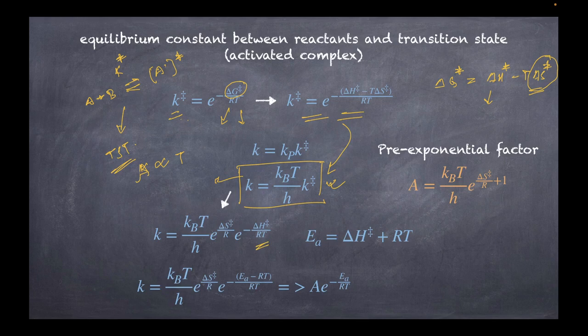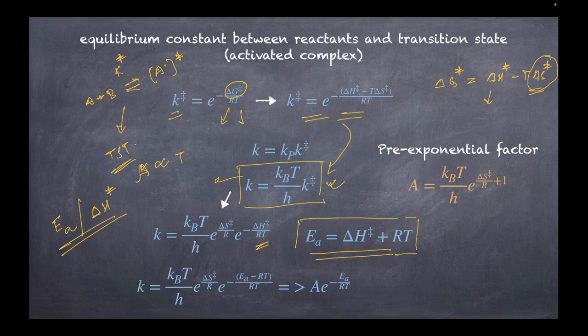Now we know the relationship between the enthalpy of activation and the activation energy, EA. This relationship is EA equal to delta H double dagger plus RT. This is an important relation.